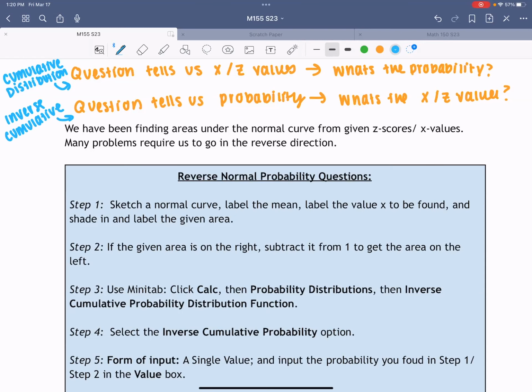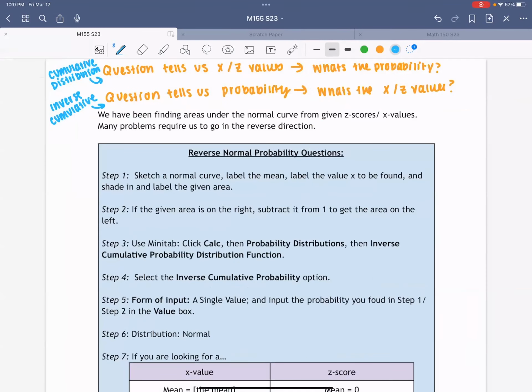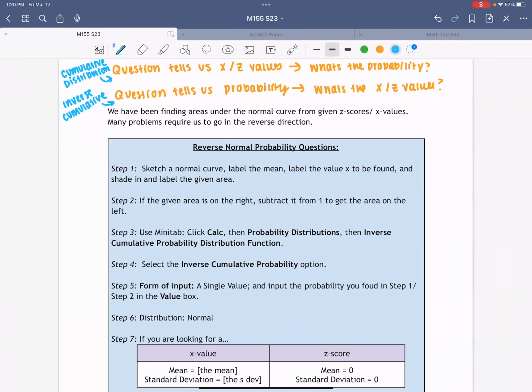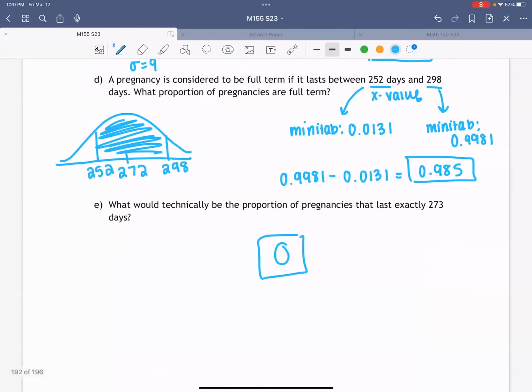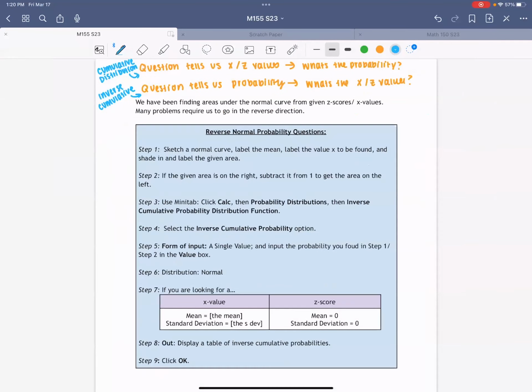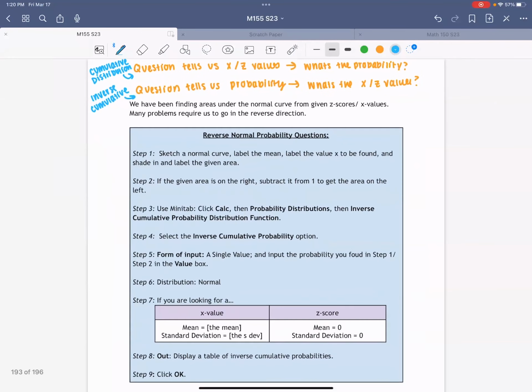Okay, so I have a bunch of steps for you to follow. I think it's good if I'm not here telling you what to click, but this is for you to follow later on. Here are the steps. The first thing I want you to do, especially for the reverse questions, is to draw a picture, because it's very tough to figure out what exactly you're doing if you don't draw it.